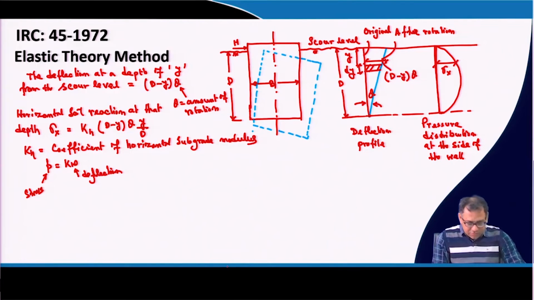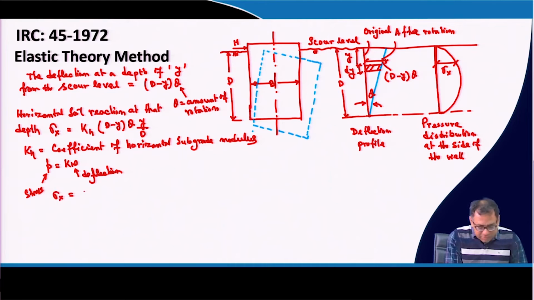So now next, sigma x is given as m k v divided by d, theta, then d minus y into y.